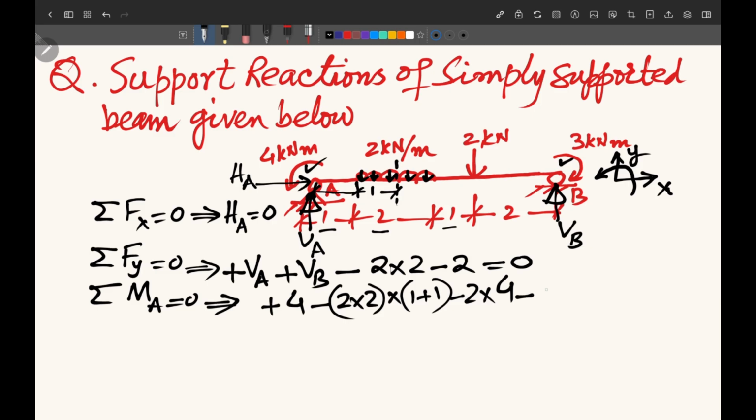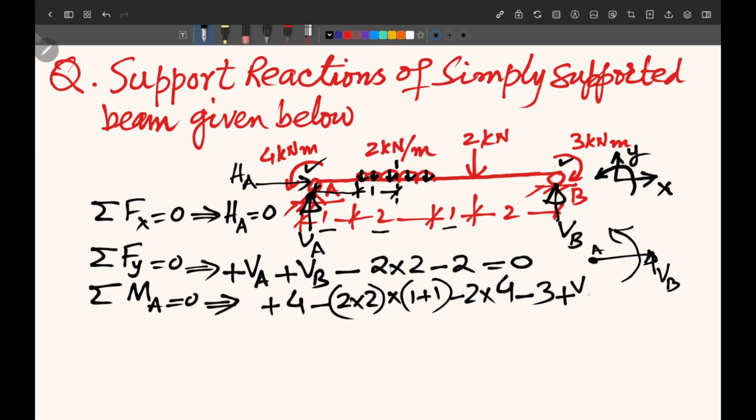So we take this as minus 3. And for the moment of VB, if I apply a force VB here and this is my point A, it will try to rotate in the anti-clockwise sense. Anti-clockwise we consider as positive.